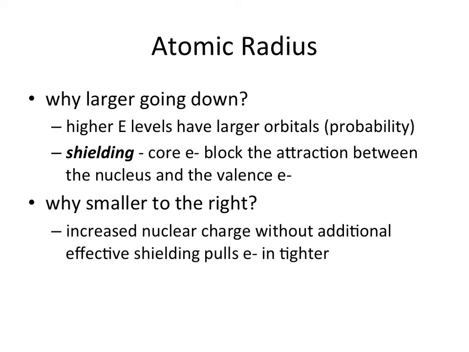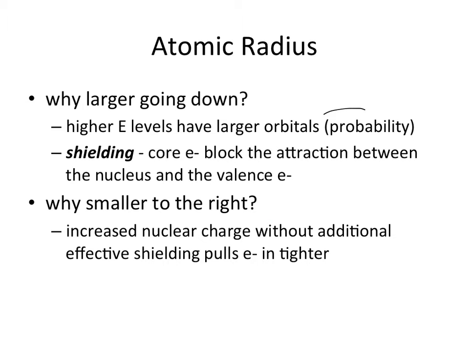So top to bottom, the main contributing factor is basically the probability of having electrons farther away from the nucleus as you get a larger principal quantum number. And from left to right, that effective nuclear charge is the bigger feature contributing to the size change.